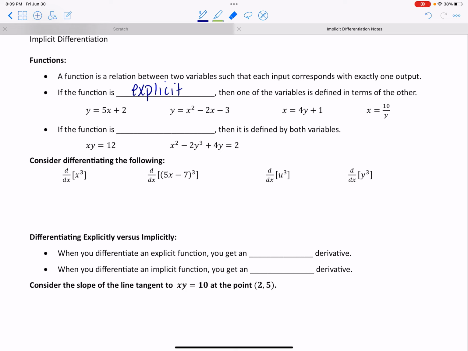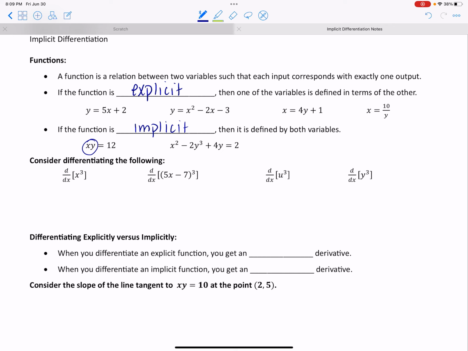In terms of the other just means you have one variable isolated, and the definition for that variable, or what it's equivalent to, is an expression containing the other variable. Okay, so you have one variable by itself on one side, the other variable in an expression on the other. So if you have an implicit function, implicit functions are defined by both variables. You're going to see both variables together on one or both sides of the equation.